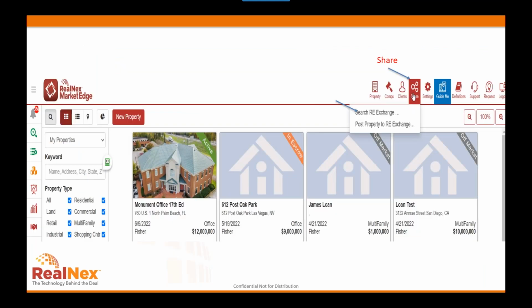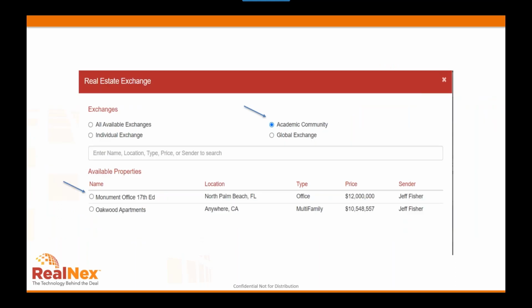You will be able to get the file that I'm using as an example today. If you go into the share and search the real estate exchange, you'll see in what's called the academic community two examples. One is Monument Office, which is what I'm going to go through today, and there's also an apartment example.